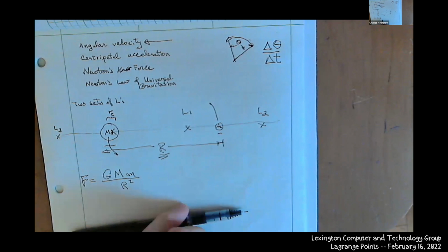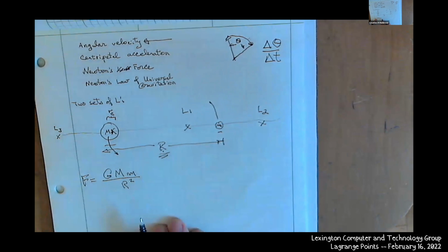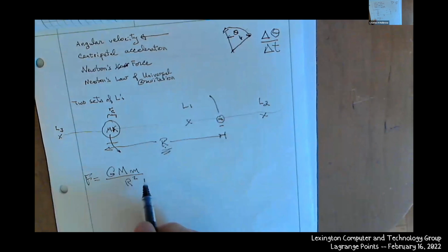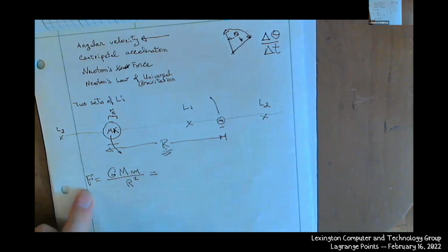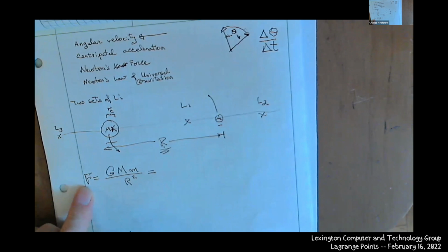I would like you to notice that what we said before, Newton's law says that F is equal to the mass times the acceleration. Now, the force that the Earth exerts, well, let's see, I keep going back and forth from Earth to moon, let's stay with the sun. The force that the sun exerts on the Earth is exactly the same as the force that the Earth exerts on the sun. The consequences of these two forces are a little bit different.